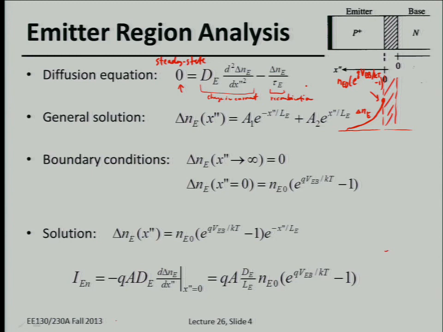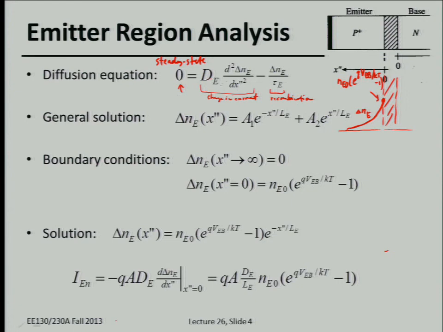For the general solution, you can move this term to the left side. The excess carrier concentration, delta n sub E, is proportional to its second derivative. Any function that's proportional to its derivative is an exponential function; that's the definition. If you take the derivative of an exponential function, you get an exponential again.